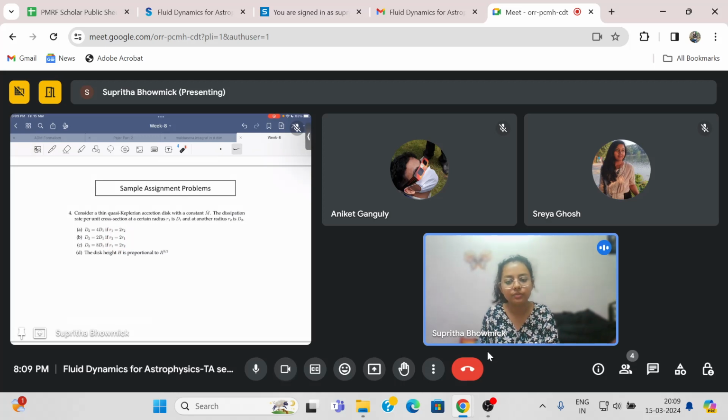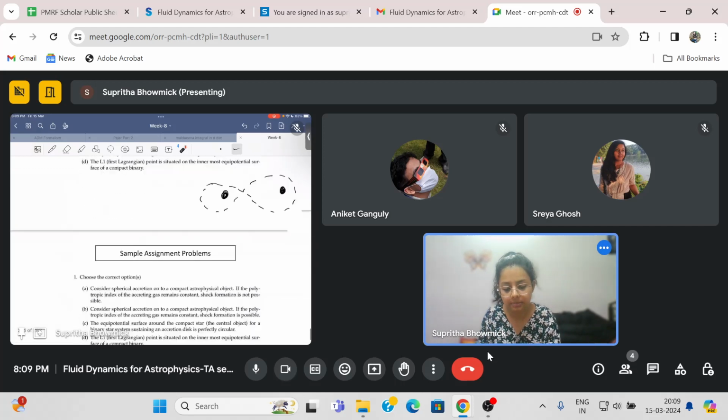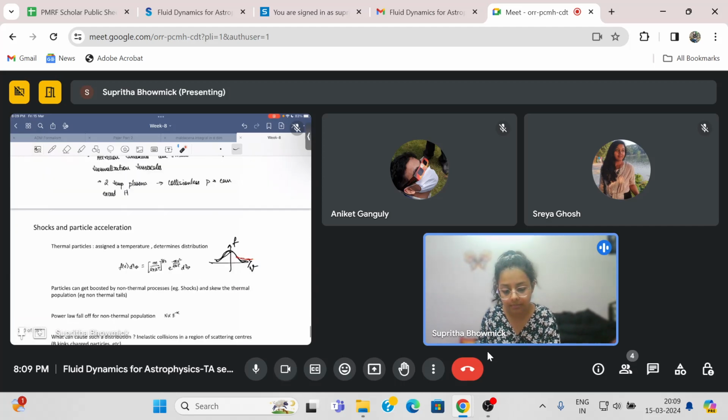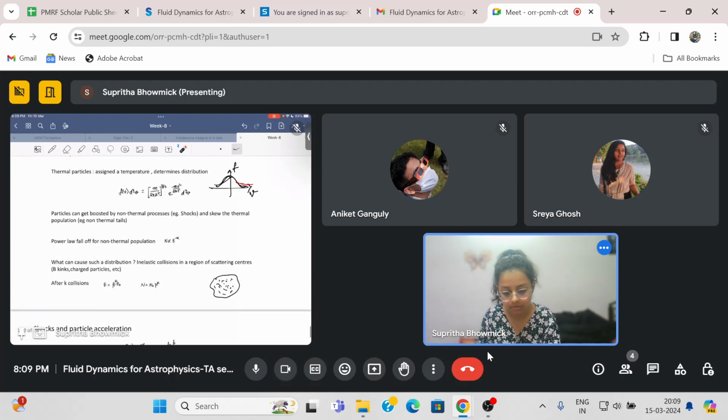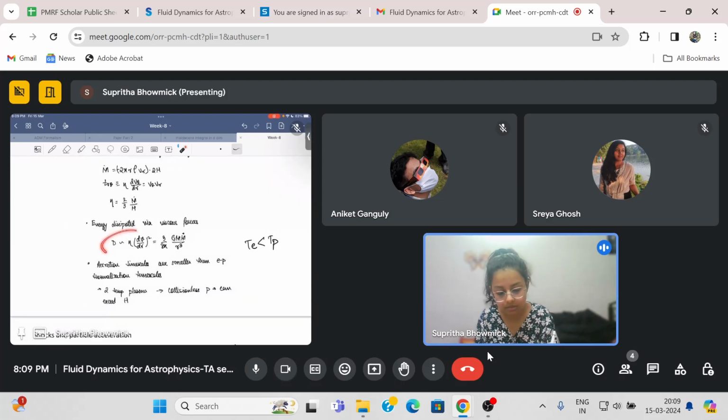So for that, we'll go back to the relation of dissipation. We'll check that expression, and if you remember, that expression was this. We are told that it's a thin disk. That is exactly what we assumed while deriving this.